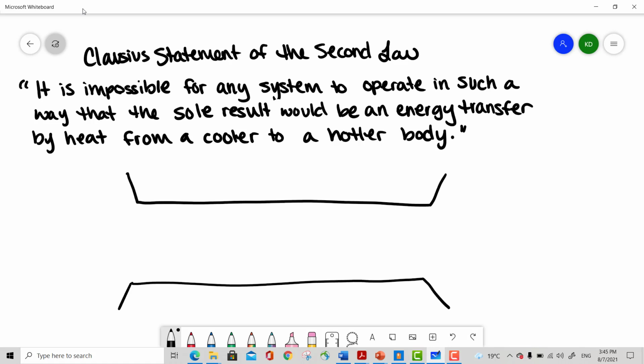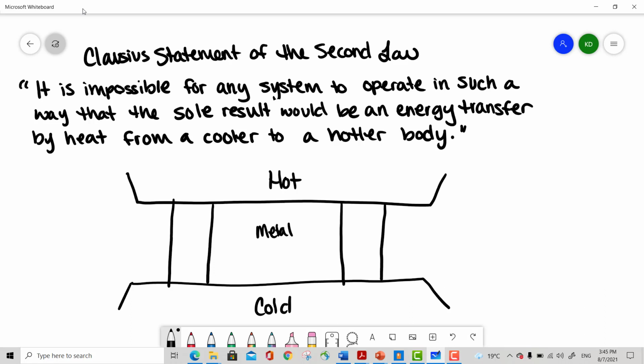Okay, so say you have these two, this one's hot, this one's cold, and say you have a metal bar between the two. If you have a heat transfer going from the hot to the cold, that's good.